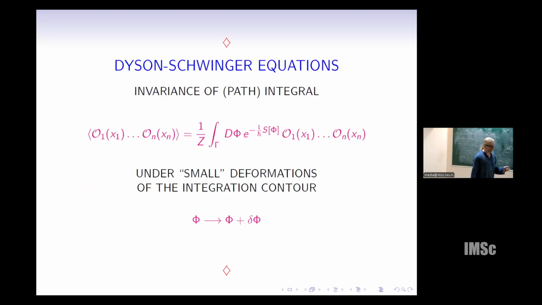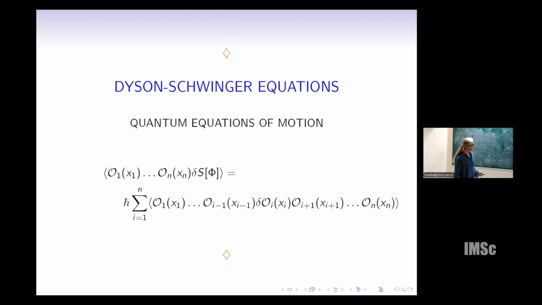Let me remind you of the conventional Dyson-Schwinger equations, a set of identities you can prove, which follow from the fact that the integral doesn't change under small variations of the integration contour.